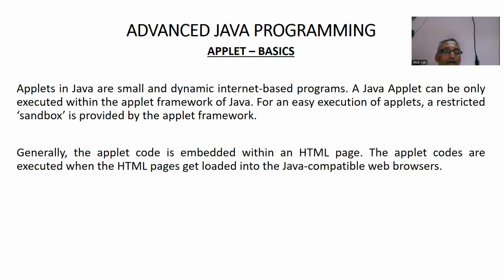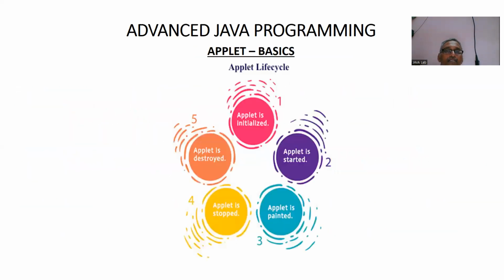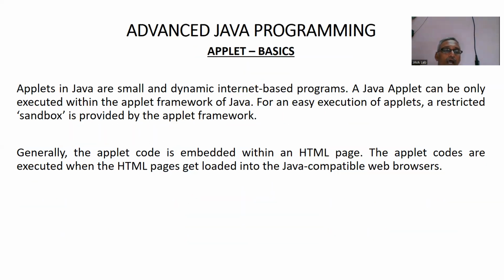Now, the Java applet hierarchy in Java. Class java.lang.Object, class java.awt.Component, class java.awt.Container, java.awt.Panel, java.applet.Applet. The Java Applet class, which is a class of the applet package, extends the Panel class of the AWT package.